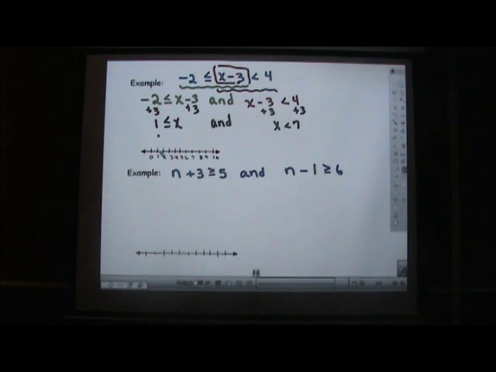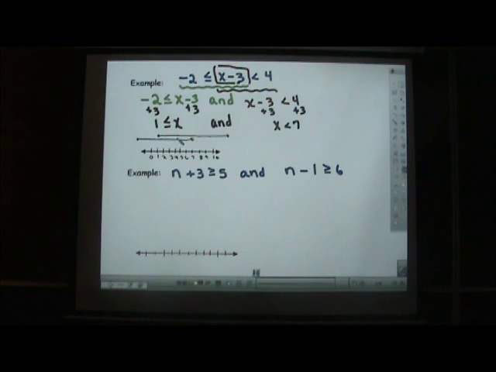So way up here above the 1, I'm going to put a closed circle. Now 1 is less than or equal to x, so that means it would shade to the right if I were just graphing that part. Then if I look over here at x is less than 7, that would be an open circle at 7 going to the left if we were graphing just that part.